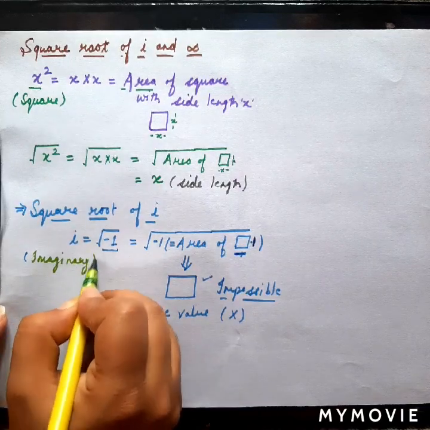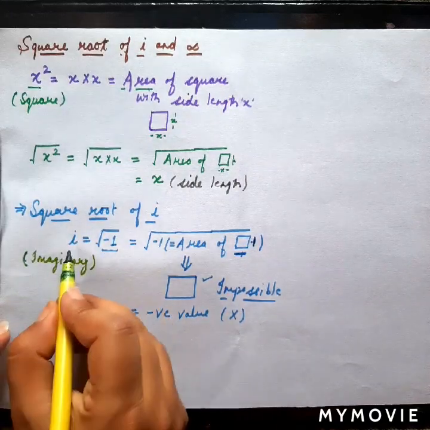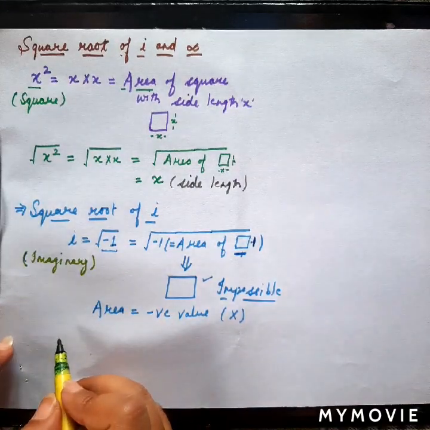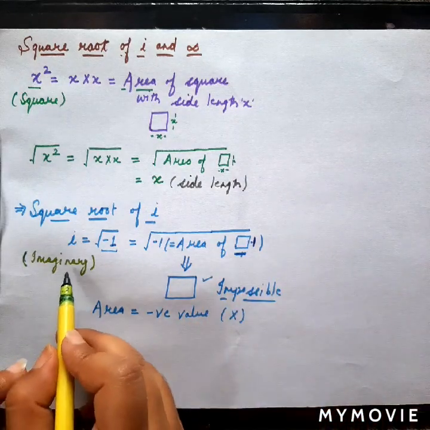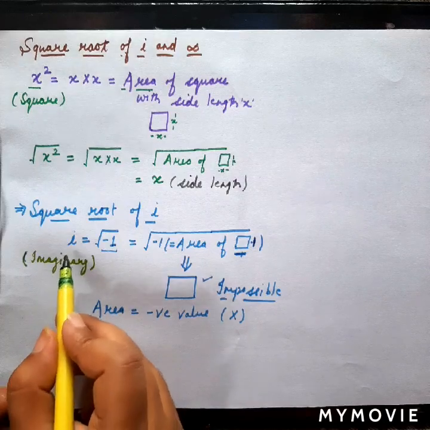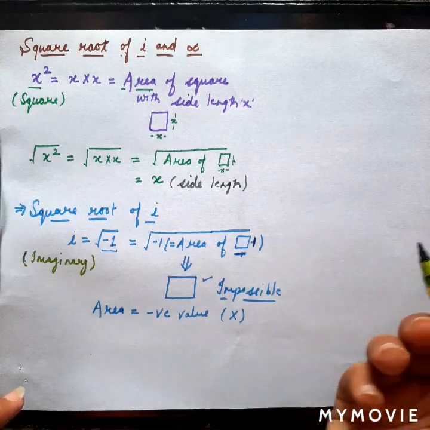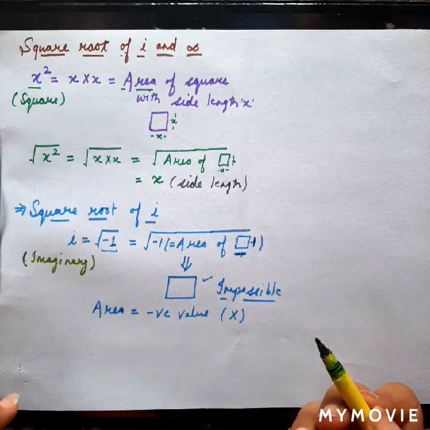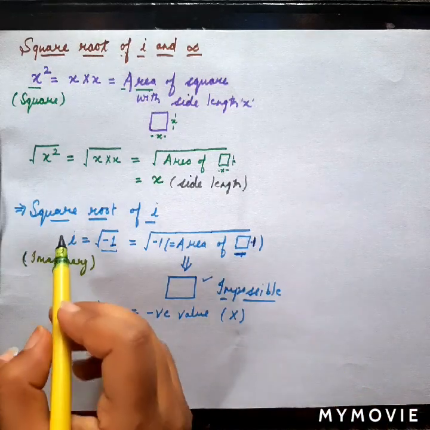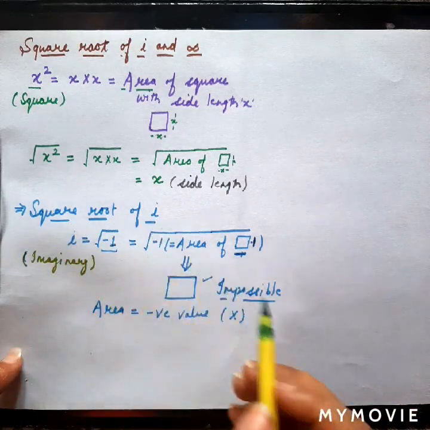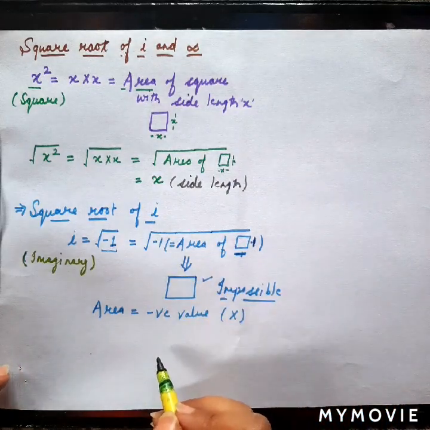This is not a real number, as we cannot create this square, so this is actually equals to an imaginary number, right? And I will further explain what are the applications of defining this imaginary number iota, and how in one of the branches of mathematics, which is calculus, we use this imaginary number. So in order to find out square root of iota, we would say that we cannot define it. It is impossible to find square root of iota.